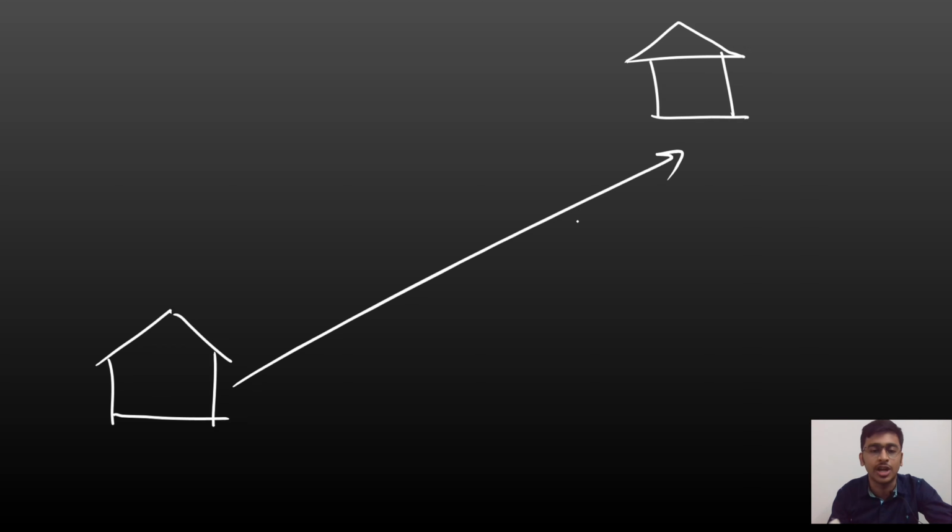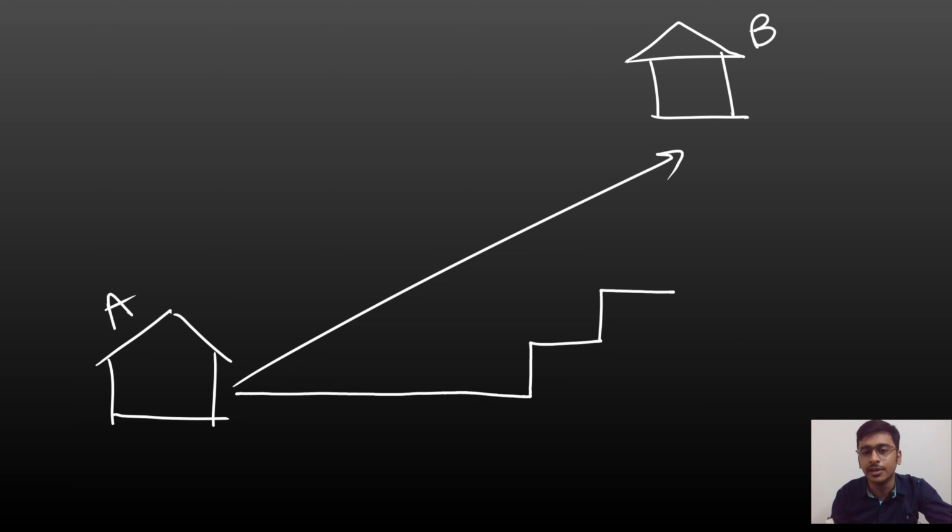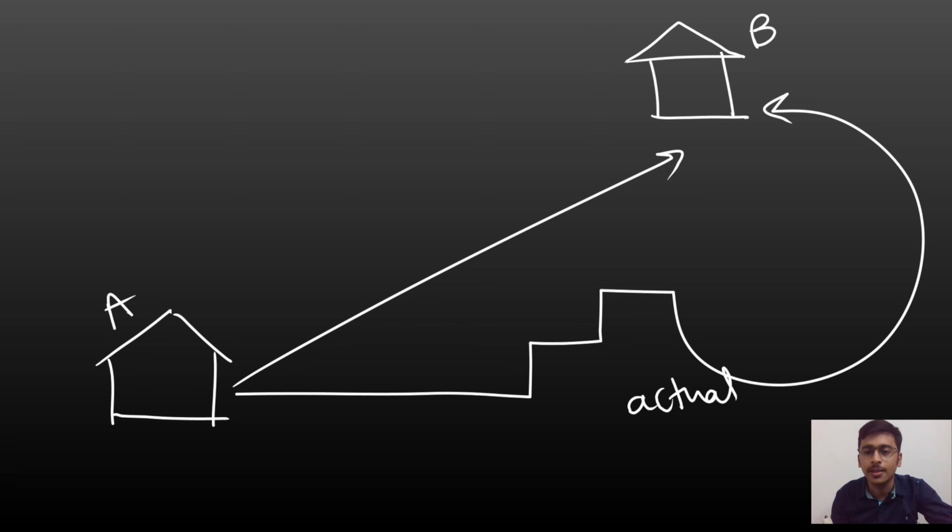It's not like I have a jetpack and I can directly go from point A to point B, correct? I have to go straight, then take a left turn, then a right turn, then a left turn, then a right turn, then go around a park, and then I can go to his house, right? This is the actual path. So this actual path is nothing but the distance.